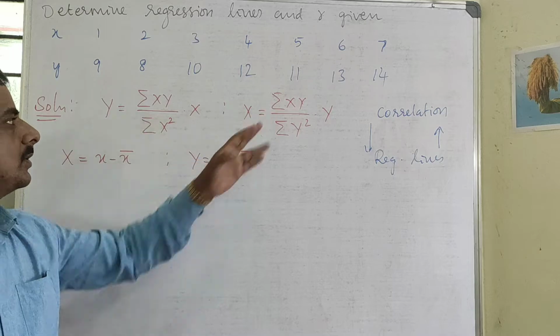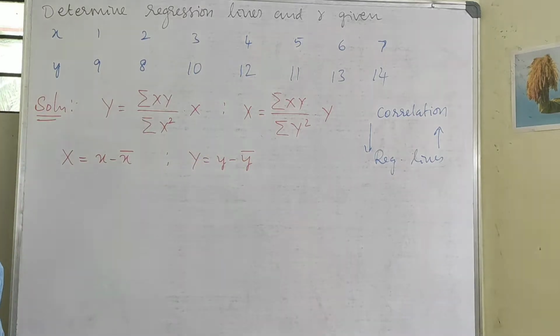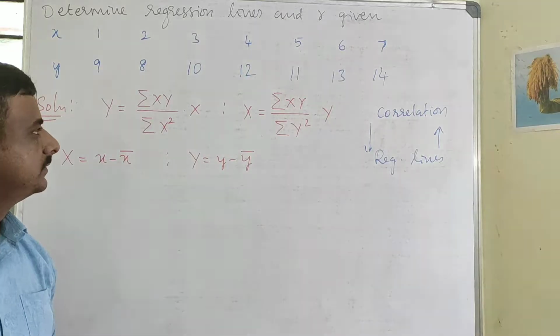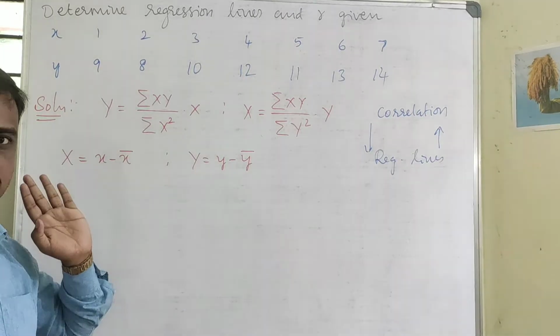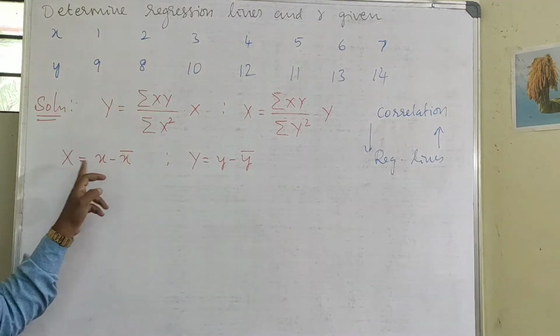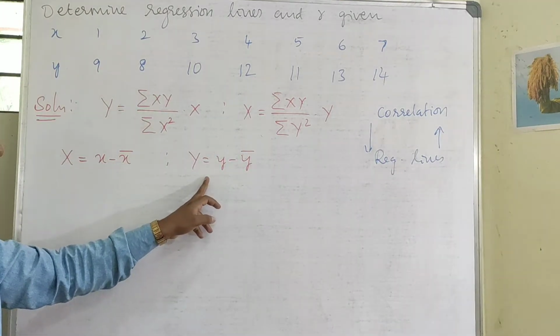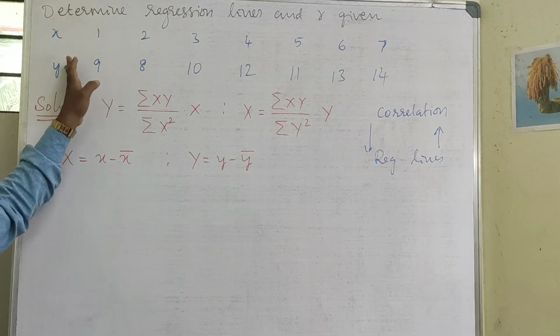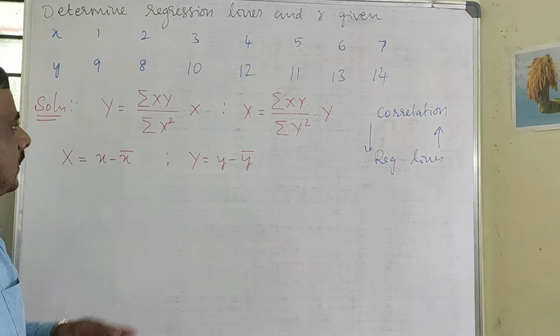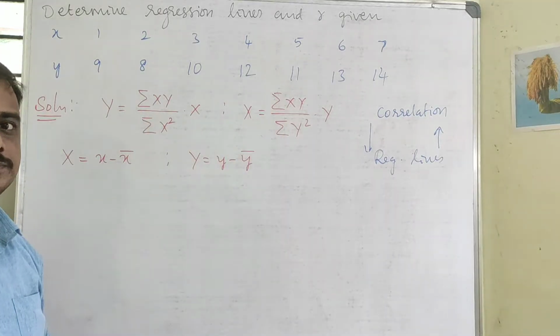So capital X equals summation capital X into capital Y by summation capital Y square into capital Y. Now we have the formulas, and capital X and capital Y are given by these relations. You will be given small x and small y, and from that you have to compute capital X and capital Y.